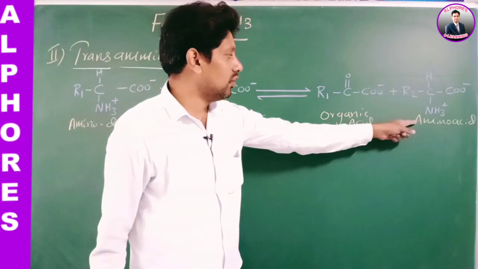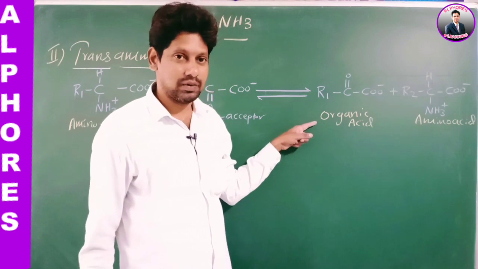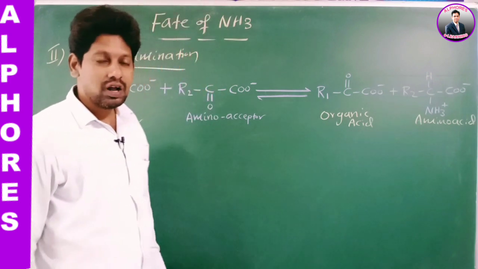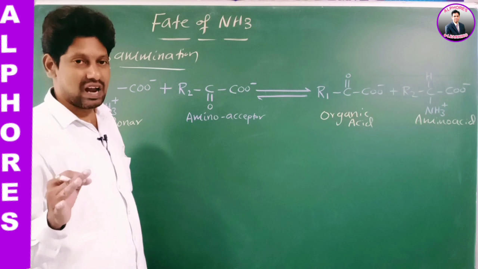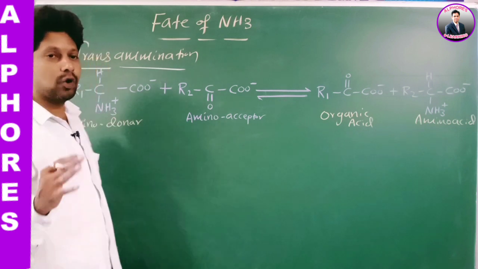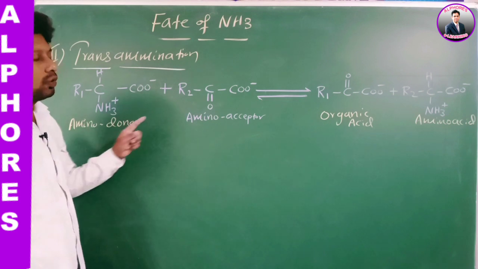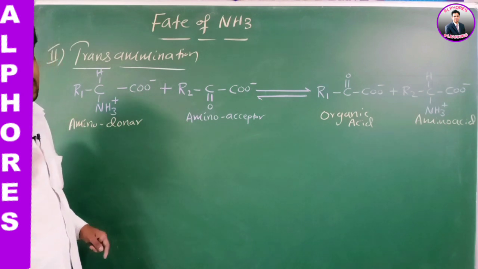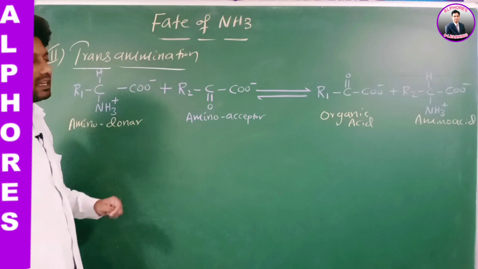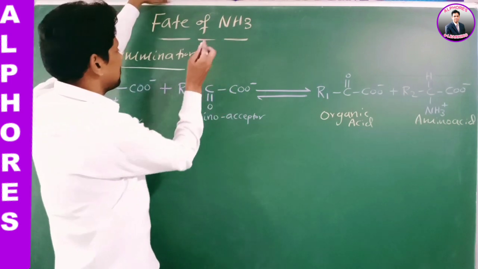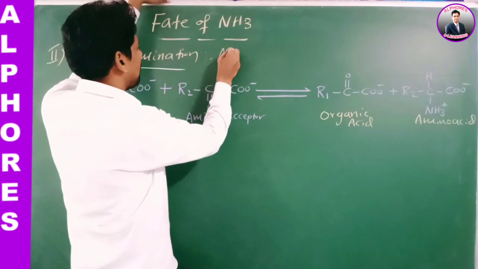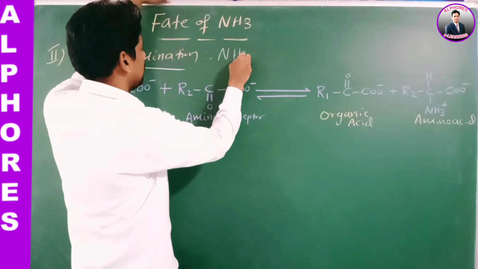Along with an amino acid, an organic acid is formed. Therefore the amino group is transferred from an amino group donor to the keto group of a keto acid. I am writing this statement. What is transferred? Amino group, that is NH2 group.